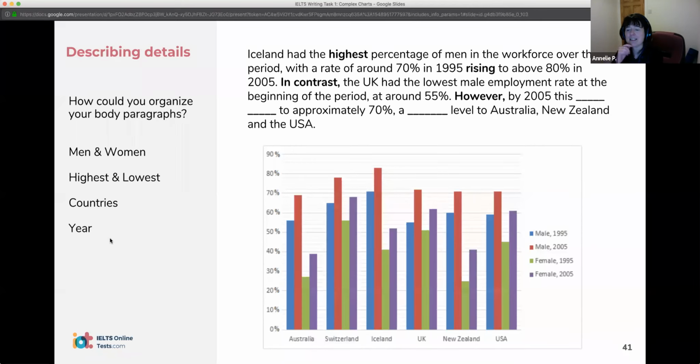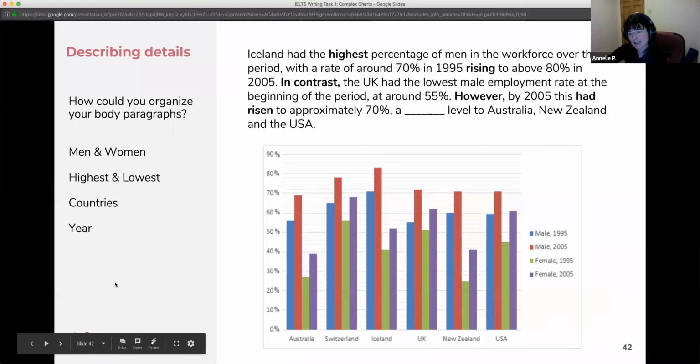Very close. We need to think about the tense. If you use by, what kind of tense do you commonly use with by? Oh, you're getting closer. Anastasia, very good. Well done, Anastasia. Not an easy one to get right. Very good, yeah. So it had risen.